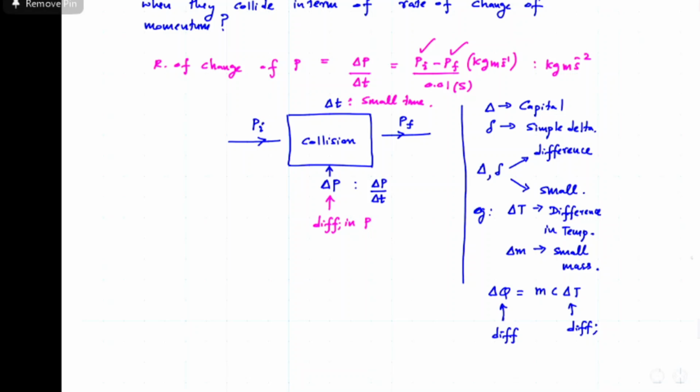Now, mathematically, knowing this delta T and delta P, you can find rate of change of momentum. Rate of change of momentum means momentum change with time. Rate of change of your knowledge, how your knowledge is changing with time. So if the rate of change of your knowledge is high, you learn quickly, right? So, rate of change of momentum is there, that's fine.